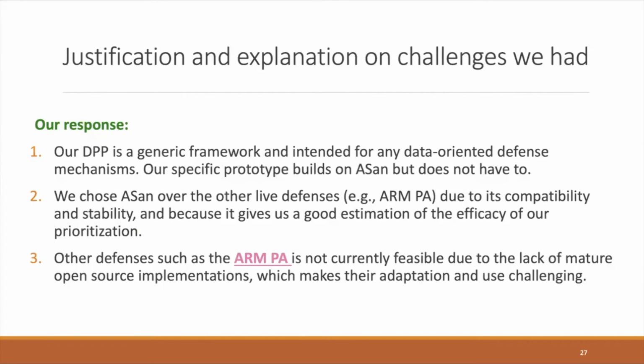If we have to, we can do new experiments, but completely revamping this on another solution is really not possible. But I asked my student, is it possible for you to take a look to see whether we can do it on an ARM pointer authentication solution?